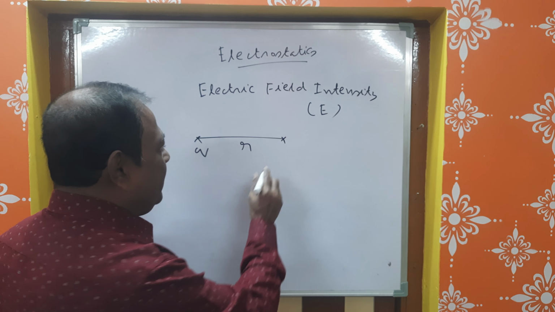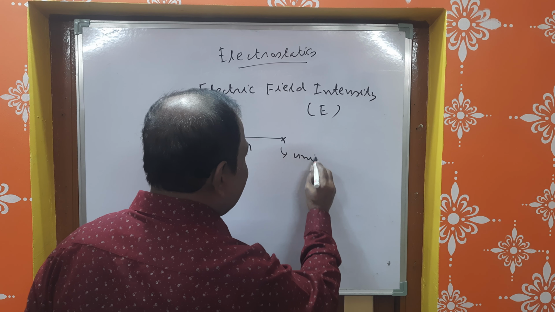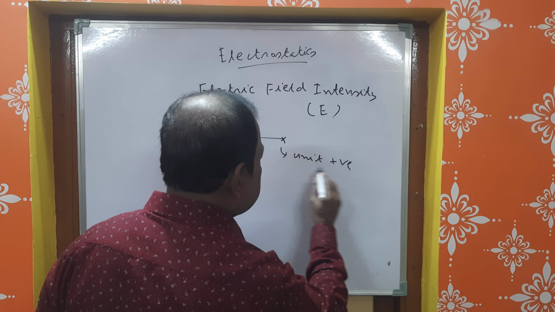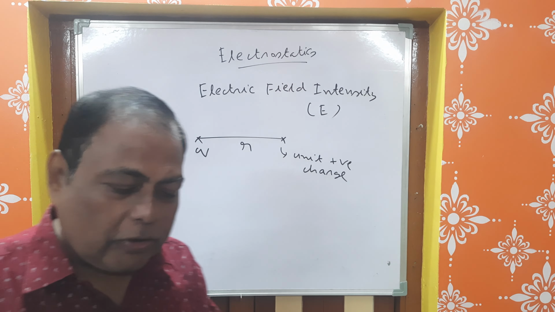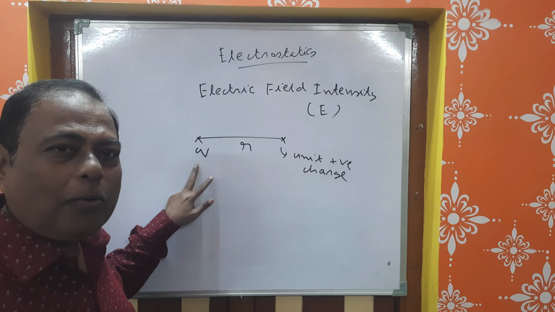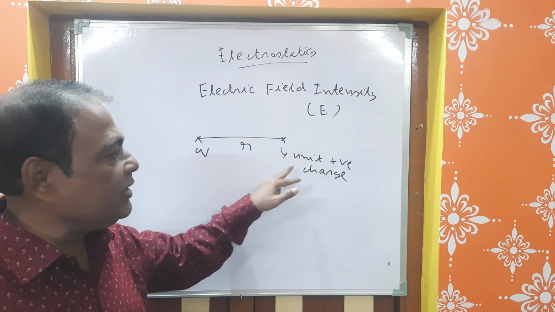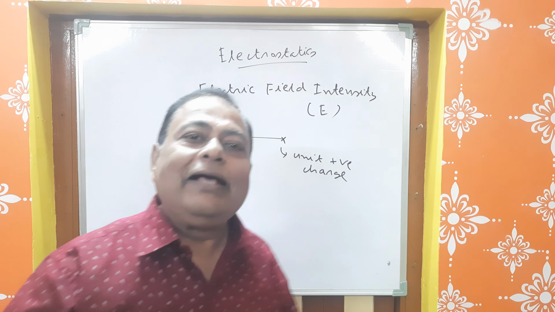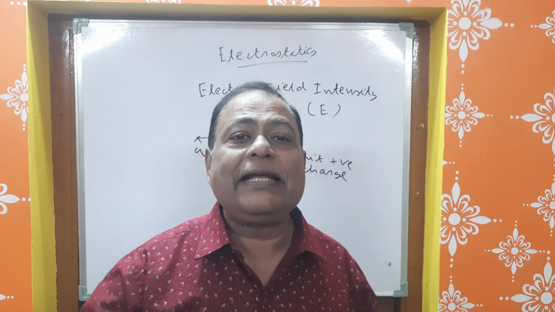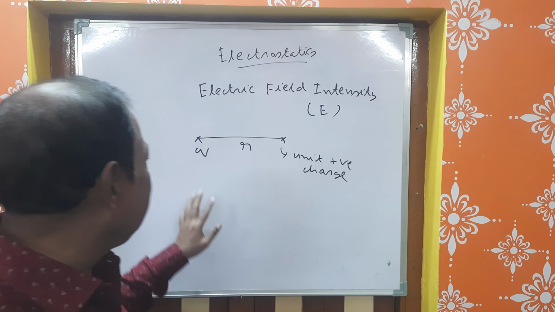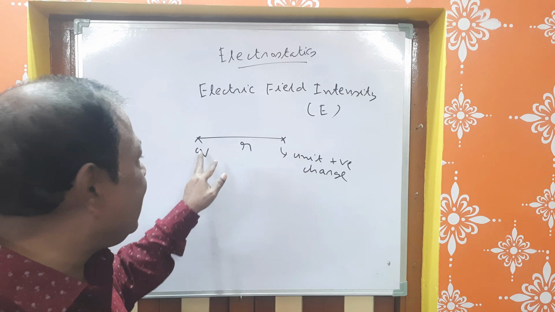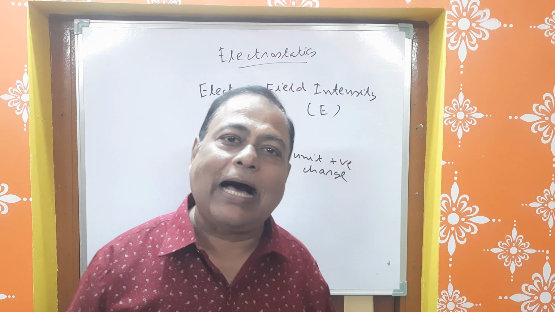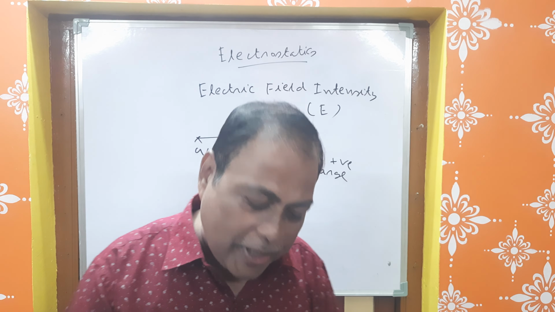Then this charge Q will give some force on this unit positive charge, or the unit positive charge will experience some force due to the charge Q. The distance between the unit positive charge and the charge Q is R. Suppose I consider the air medium.